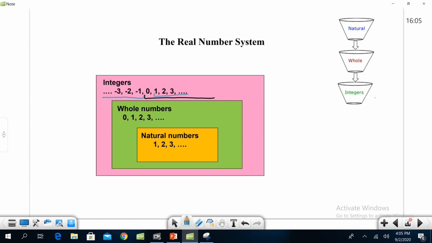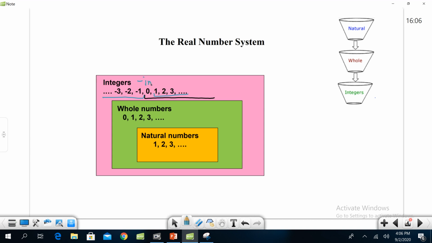And not just any negative, it has to be a negative whole number. So it's not just any negatives. Like if I tell you negative 2.5, well, that is not an integer because it is a negative, but it's not a negative whole number. See, so I'm going to go ahead and write that there.